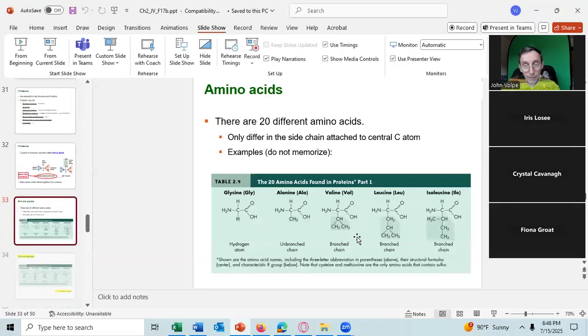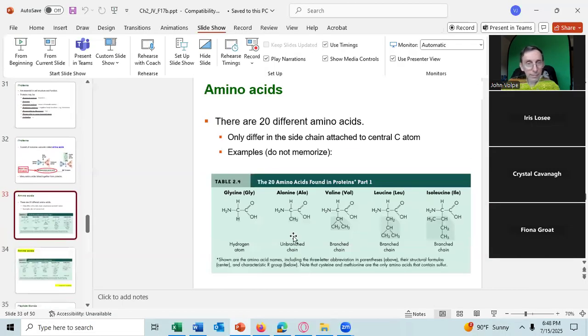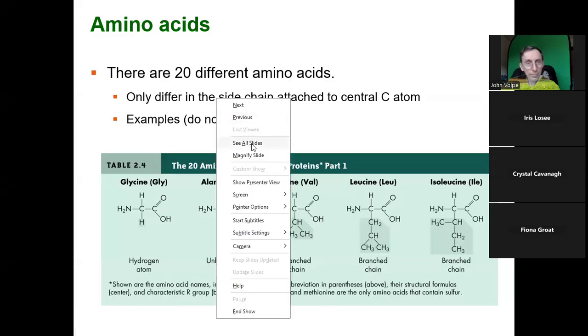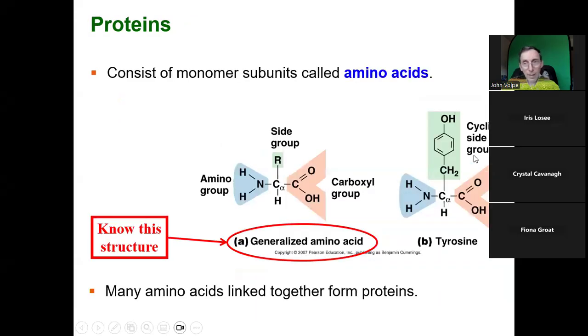But our previous one, where was it? I lost the slide for some reason. Tyrosine, this OH group is polar. This part of the molecule is nonpolar.